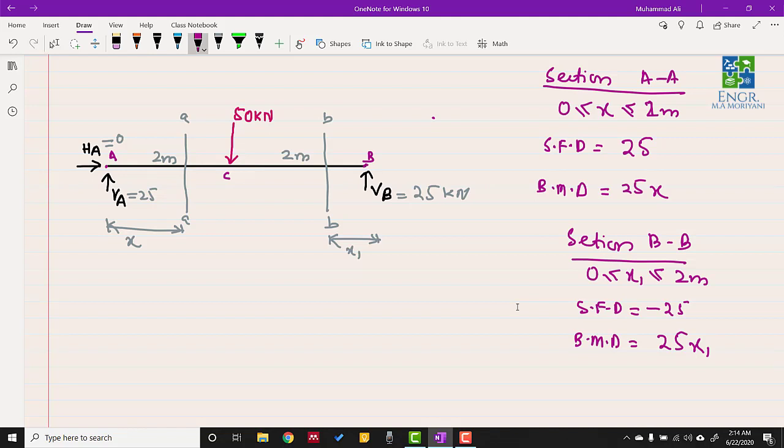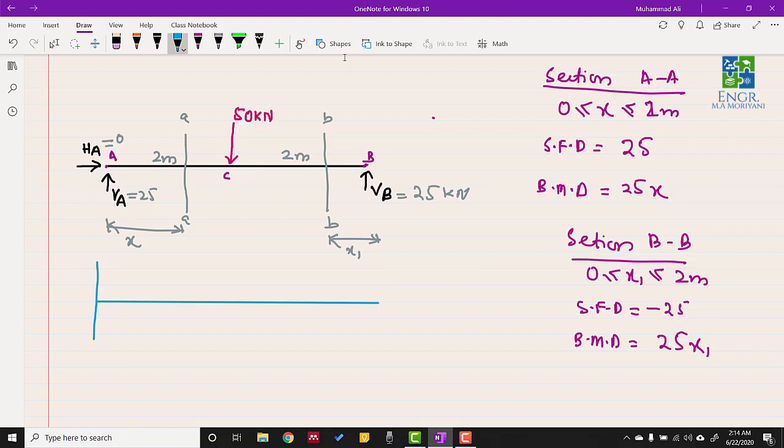Now in order to find the shear force and bending moment diagram, I will draw a line here, and this line represents the shear force diagram, which normally we draw below the loading case. The horizontal axis of the shear force diagram represents the length of the beam, while the vertical axis represents the magnitude of the shear force generated at any point.